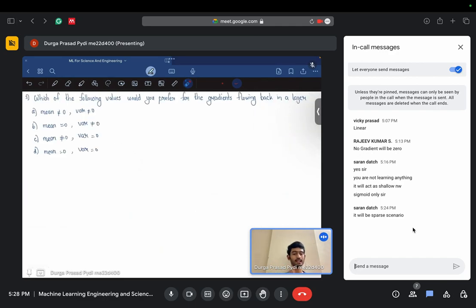Or what is an ideal scenario for my optimization algorithm? Which of these scenarios will be good for my optimization, so that it converges faster and maybe converges to a global instead of a local minima? Which one of these will increase the chances of something like that?